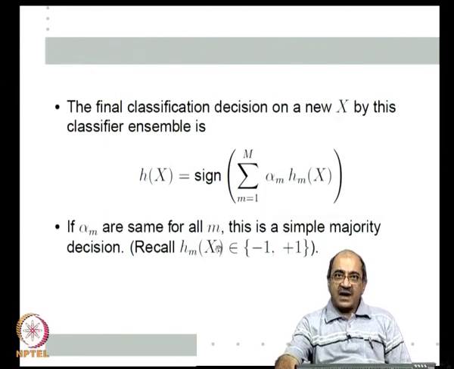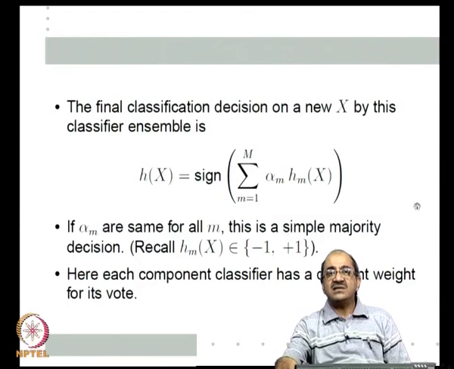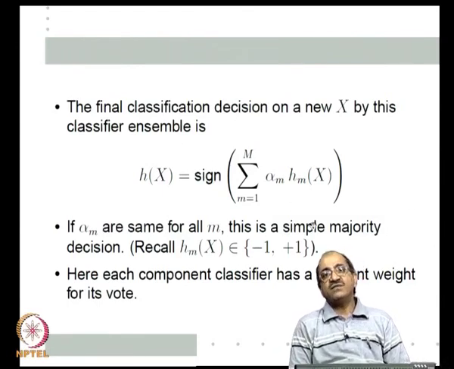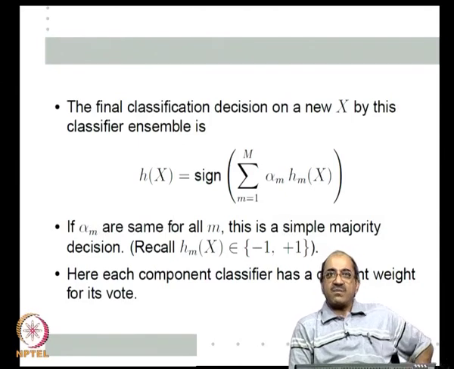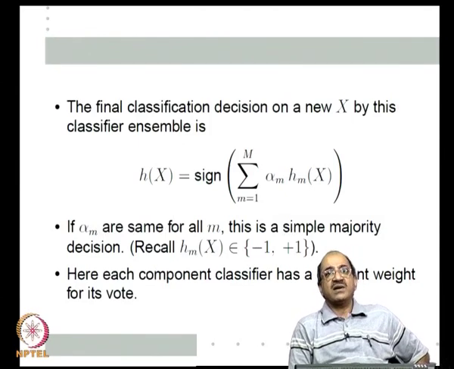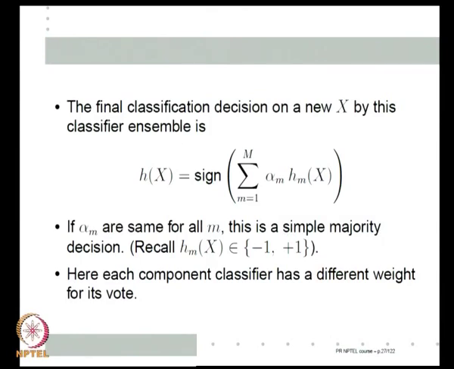Right. So, if I had alpha_m, what it means is that it is a weighted majority vote. If I did not have alpha_m, each classifier's vote has the same weightage. So, I am asking how many classifiers say +1, how many classifiers say -1, and I am taking the majority. Now, I am not doing that, because each vote has a weight. I am summing up the weights of all the +1 classifiers, summing up all the weights of -1 classifiers, and asking which is better.